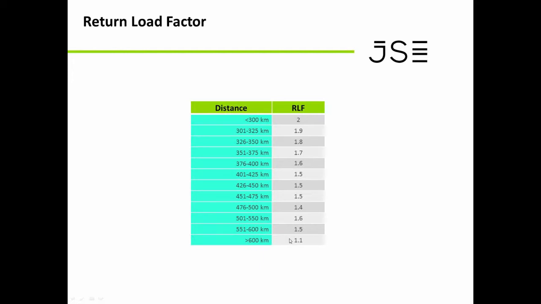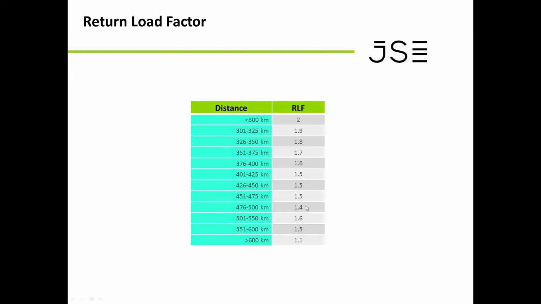Whereas all the way, say, to 600 and above, we assume a return load factor of around 1, meaning that for longer distances you almost always come back with a return load from that side. And of course, transporters prefer this because if you come back with a return load, then your rate per kilometer will be cheaper, simply because you can then cover your leg back.